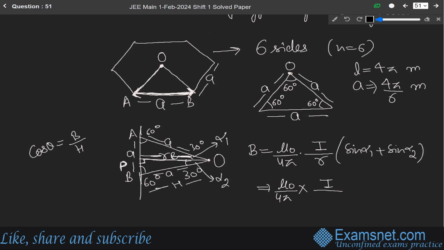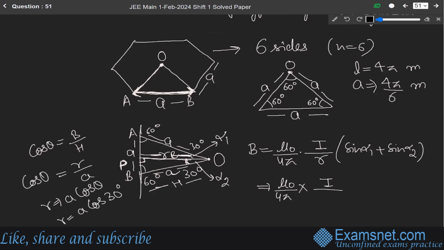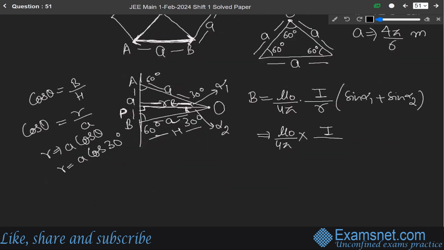Base over hypotenuse means R over A. A cos theta equals R, and here theta is 30 degrees. So R will be equal to A cos 30 degrees. So we write in place of R, A cos 30 degrees, and sine alpha 1 means sine 30 plus sine 30.